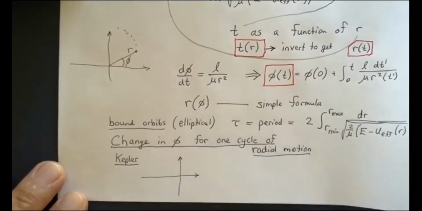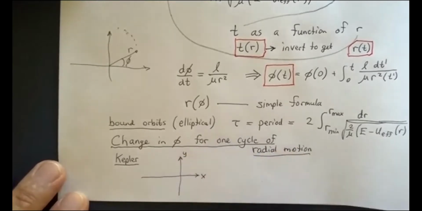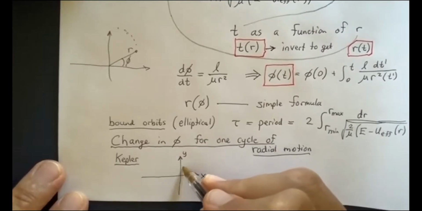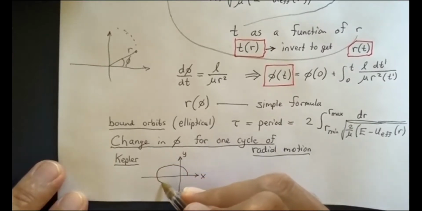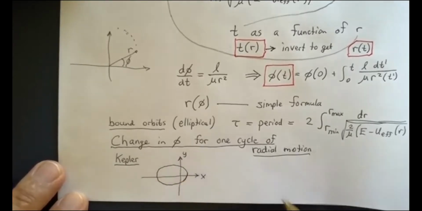And following the Chapter 8 summary, we have some foundation results, really important central results. In the Chapter 8 summary, we like to put the axes like this, and the perihelion here is on the positive x-axis. Okay, so for the Kepler problem, it looks like this.